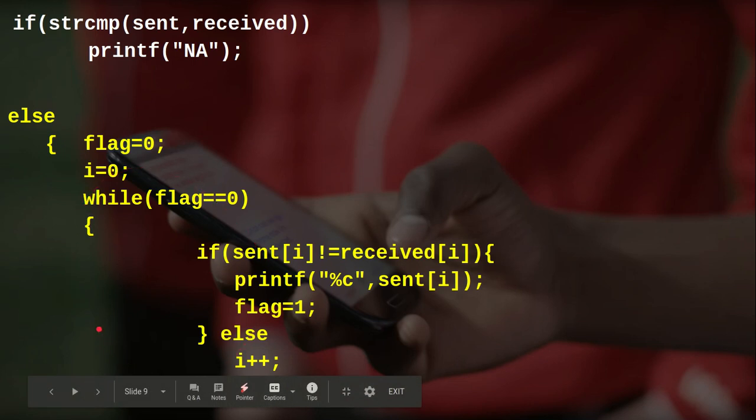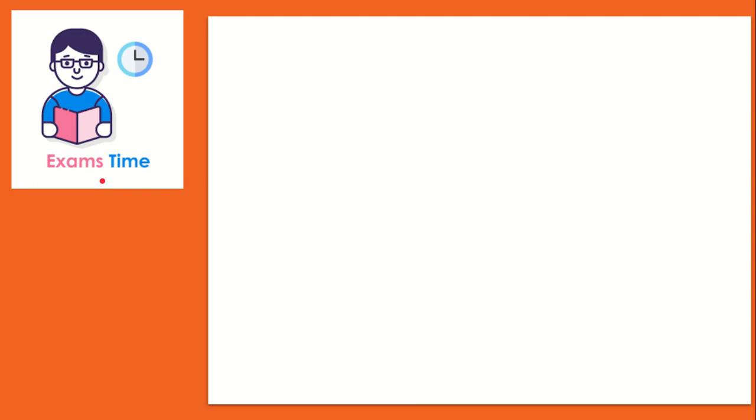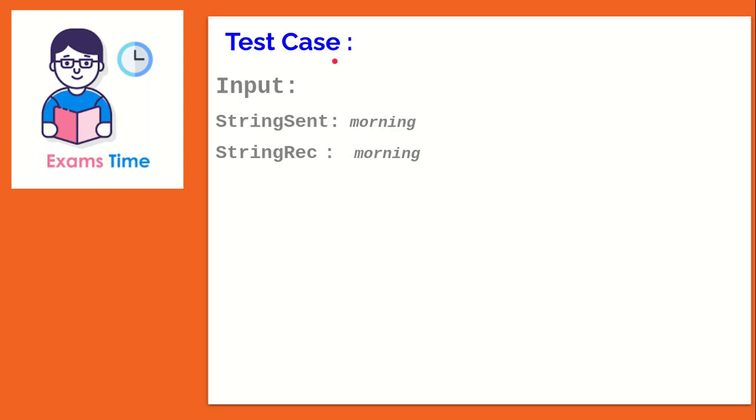So there are private or other hidden test cases also which are not visible to us. So it's important to check the first test case where there is no missing character. It indicates both strings are the same and it should print NA.